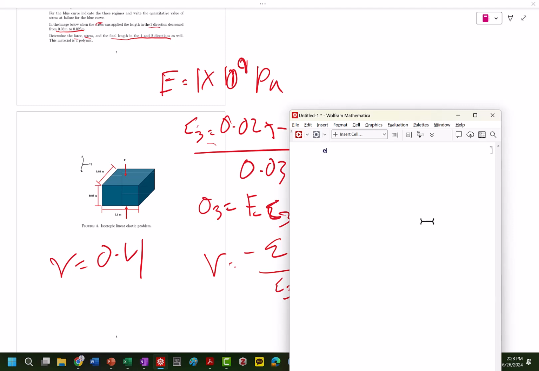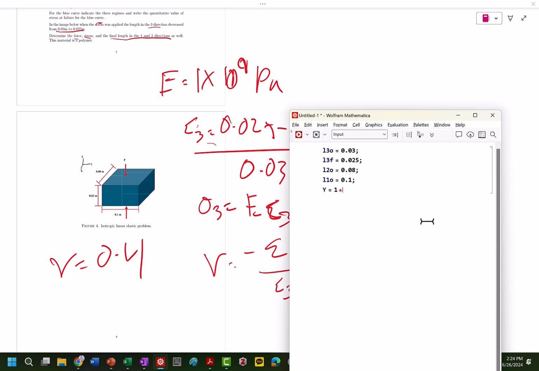So I'm going to say L3 naught equals 0.03. L3F equals 0.025. L2 naught equals 0.08. L1 naught equals 0.1.